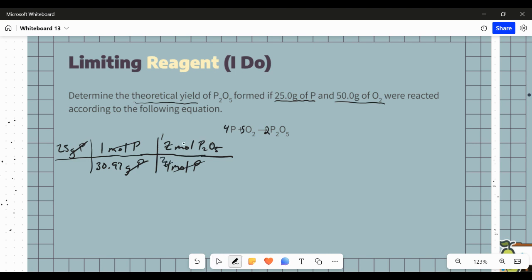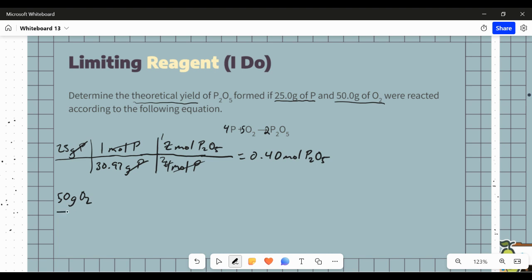And now that I'm in moles of my product, I'm going to just plug this into a calculator and solve it. I got 0.40 moles P2O5.